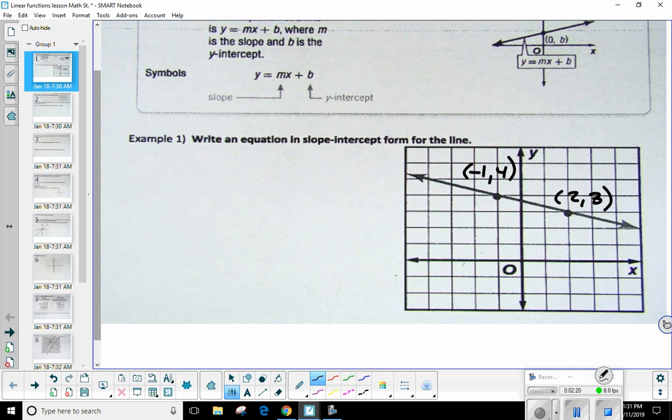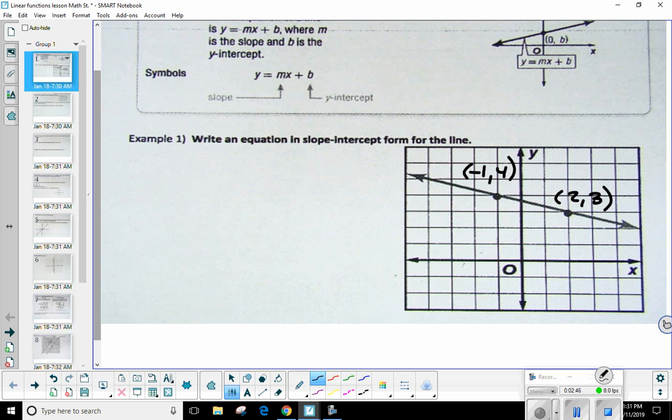Now, there's different ways to do this because you've got multiple versions of how to write a line. We're going to talk about slope-intercept, y equals mx plus b. We're going to talk about point slope. We're going to talk about double intercept. Maybe you have heard of that one, maybe not. And then we've also got standard form. So a lot of different versions, and each one has its own unique characteristics, but they all represent the same line. They're just different versions of it.